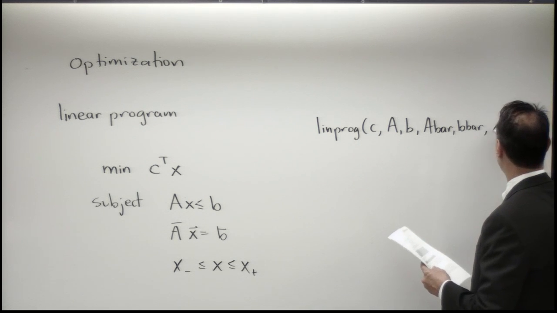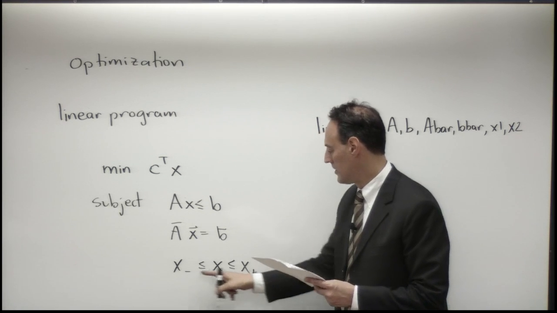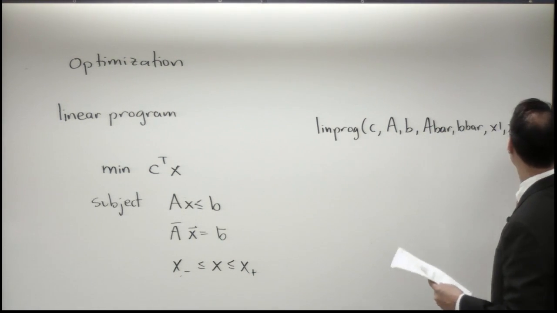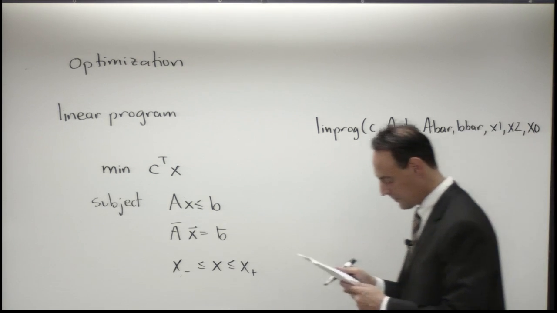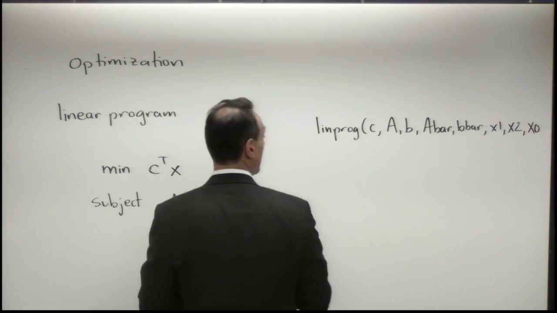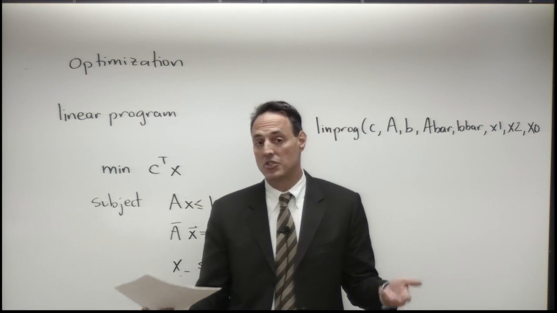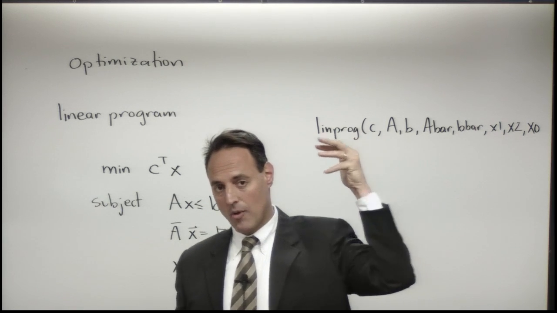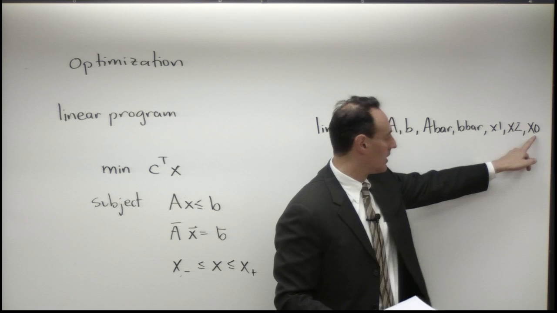You send in your x1, x2, which are, let's call these x1 and x2. This here's x1, that's x2. And x naught, okay? Which is your initial guess. Again, it's an iteration procedure. So it takes an initial guess and starts to try to roll downhill towards the best solution. That's what x naught is.